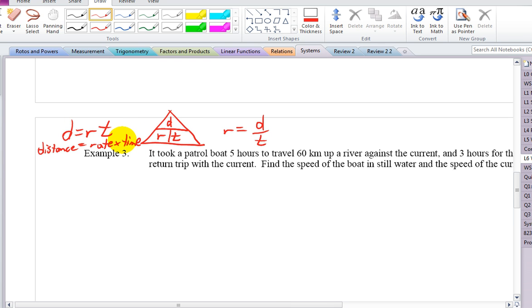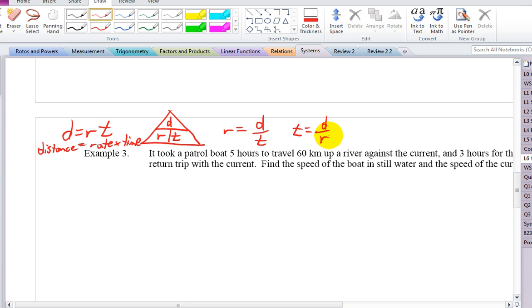So if you're going 100 kilometers an hour for 3 hours, how far did you go? 100 times 3 is 300 kilometers. Okay, what about time? What does that one equal? Distance over rate. Good, distance over rate.